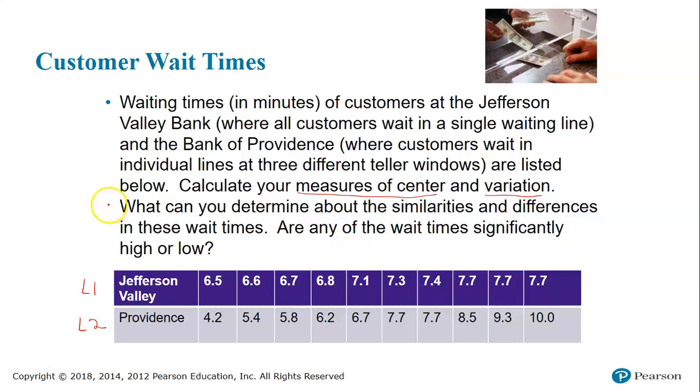Then I want you to see if you can answer these questions about what can you determine about the similarities and differences, and are any of the wait times significantly high or low? So I would like for you to pause this and work on this problem, and then unpause it to check your work.